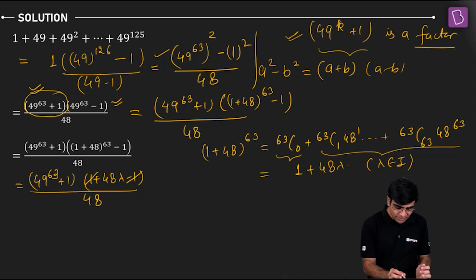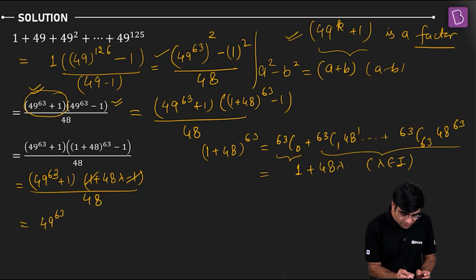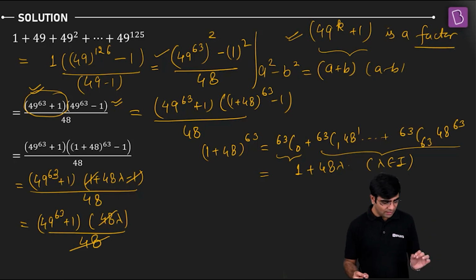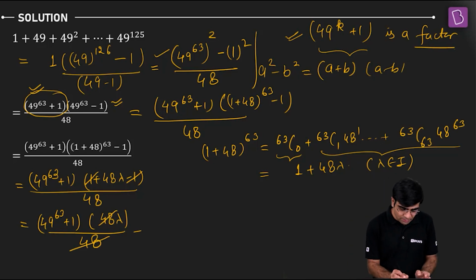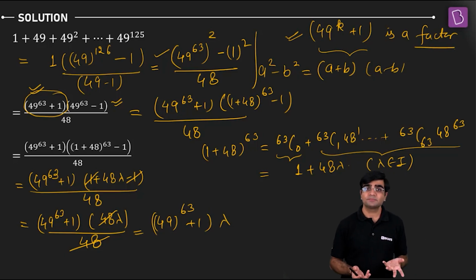We can cancel this 48 also. Exactly, that's the situation. So I'm reaching here (49^63 + 1) multiplied by 48 lambda divided by 48. This 48 got cancelled. I have 49^63 + 1 multiplied by some integer lambda.